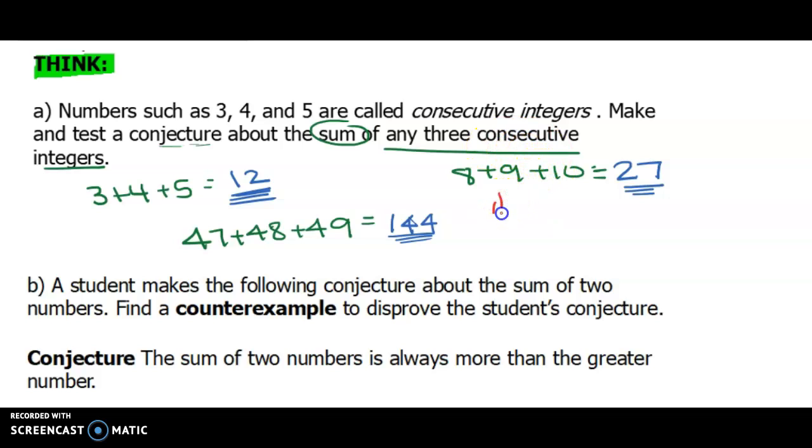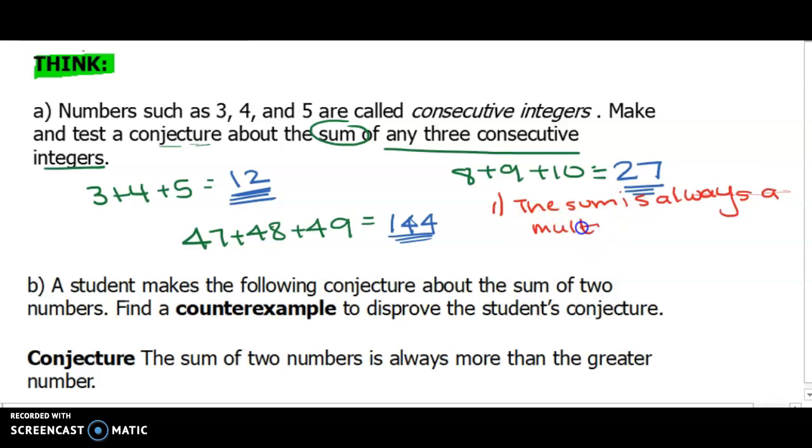One of them is the sum is always a multiple of 3. Okay, so it doesn't matter how many of these you do, you can do it 100 times. This sum is always going to be a multiple of 3, or divisible by 3.